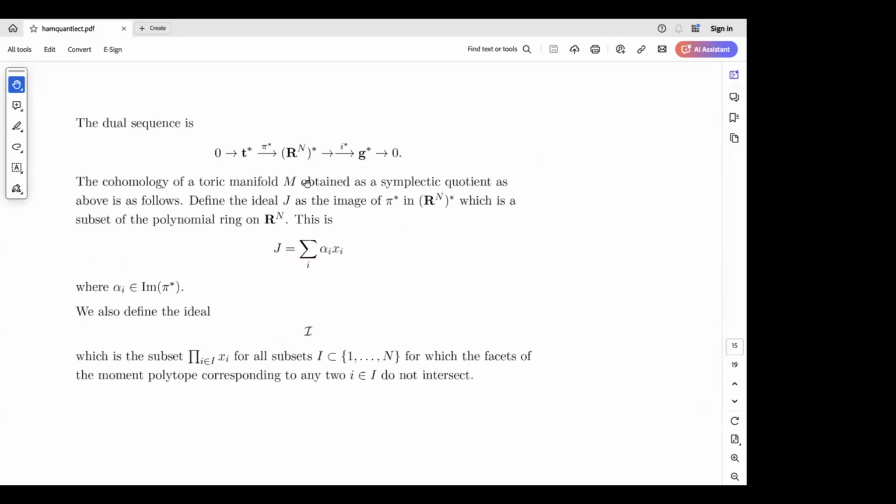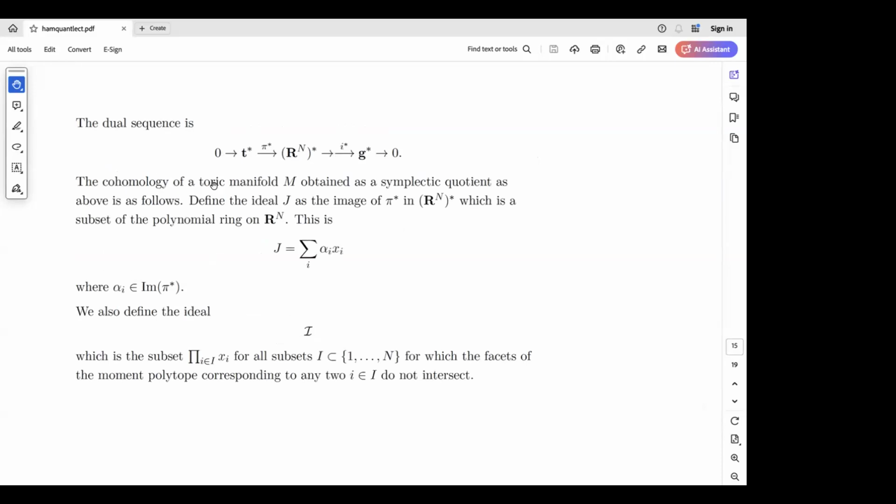So the dual exact sequence is 0 goes to little t star, goes under pi star to R capital N star, goes to, that should be I upper star, goes to little g star, goes to 0.